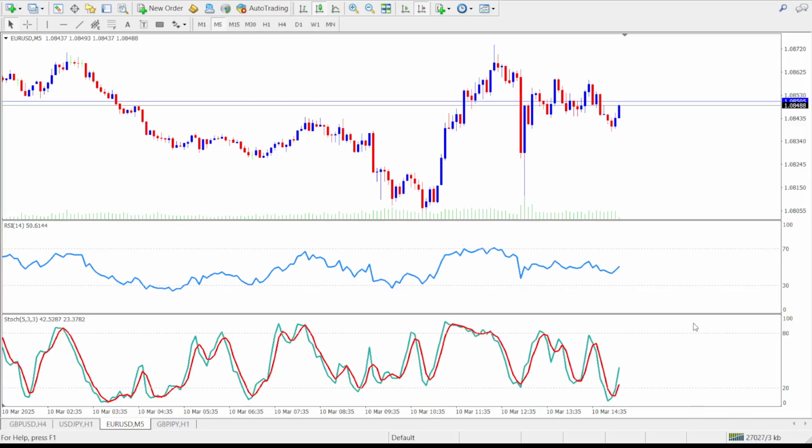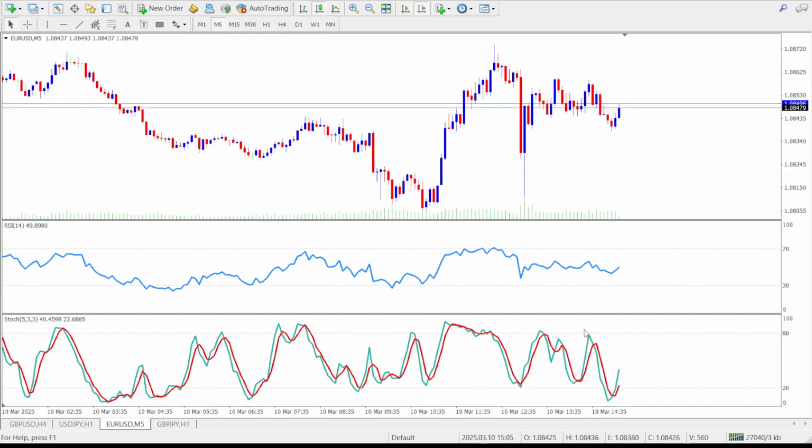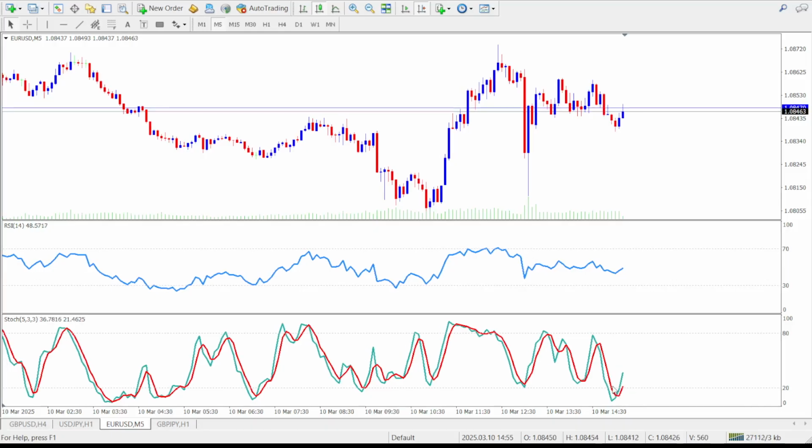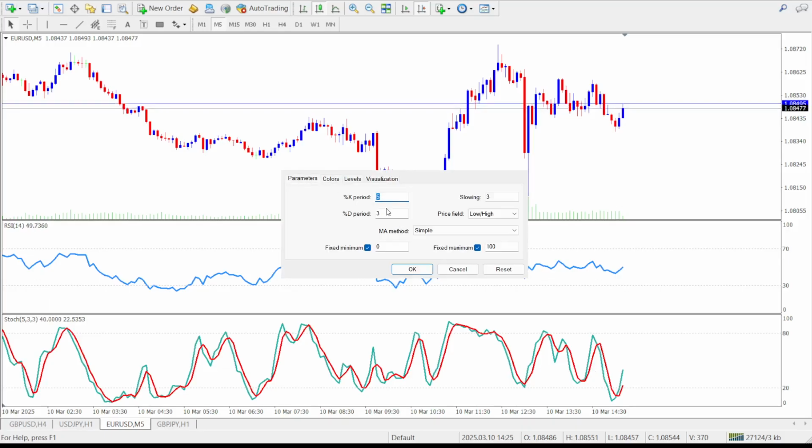When the stochastic is above 80, the market is considered overbought, and when it is below 20, the market is considered oversold. As a scalper, you can look for crossovers in the stochastic oscillator. Percentage K is the blue line. Let's just look at this. Can you see the percentage K and the percentage D?